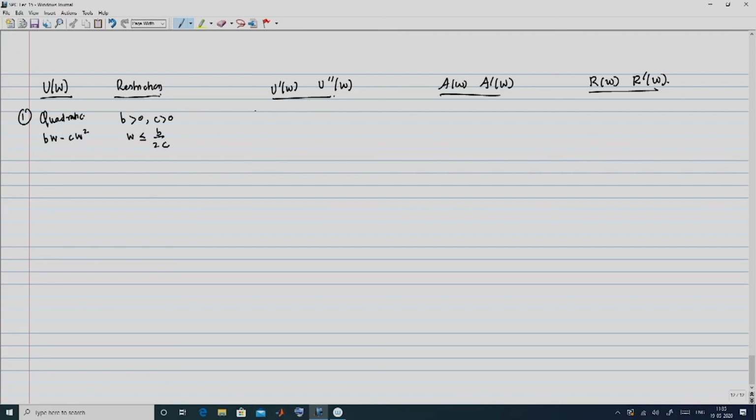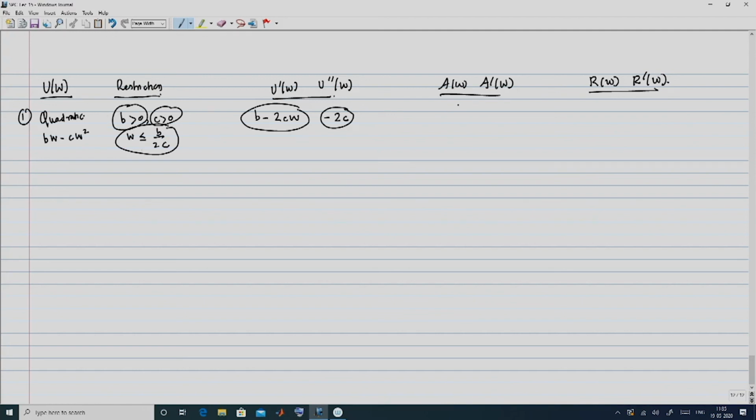The u prime of w, as you can easily see, is b minus twice c w. So, since this needs to be positive, that is how you have got this condition here, and u double prime of w is minus 2 c, right. So, that is how we got the condition c is positive, and consequently b is also going to be positive.